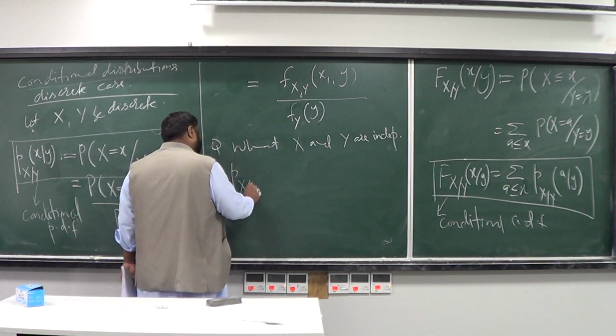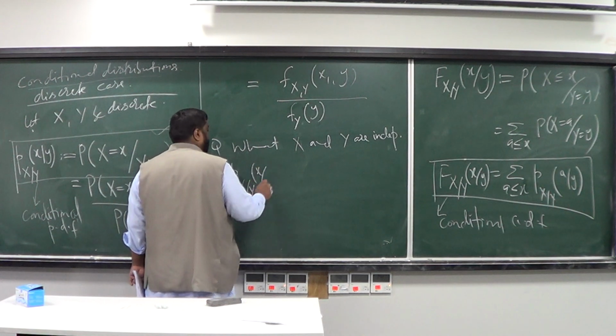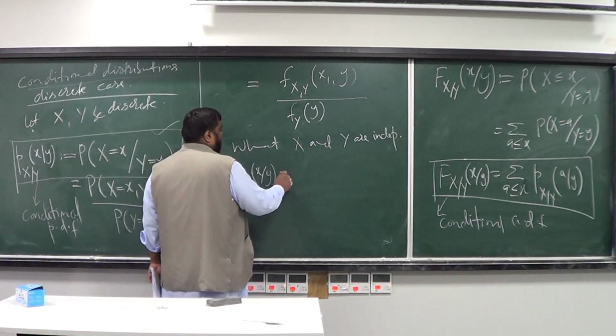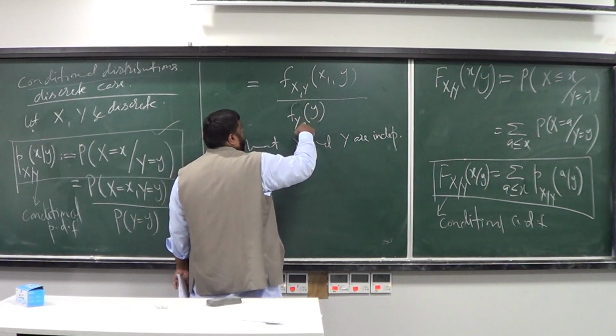So if they are independent, then the conditional PDF of X given Y should be equal to this divided by this.